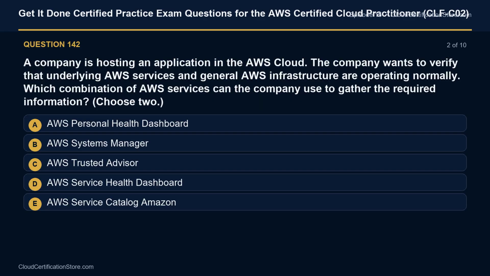Question 142. A company is hosting an application in the AWS cloud. The company wants to verify that underlying AWS services and general AWS infrastructure are operating normally. Which combination of AWS services can the company use to gather the required information? Choose 2.